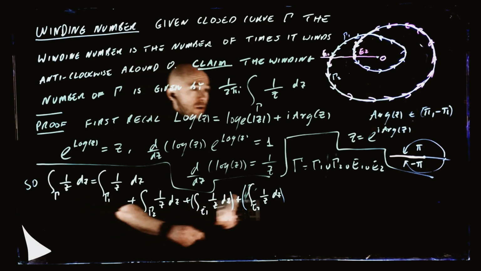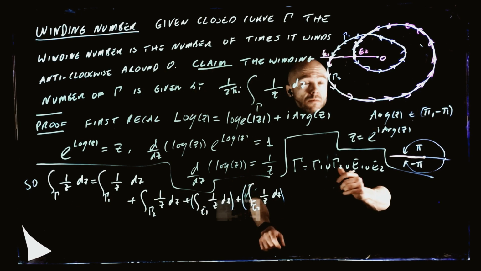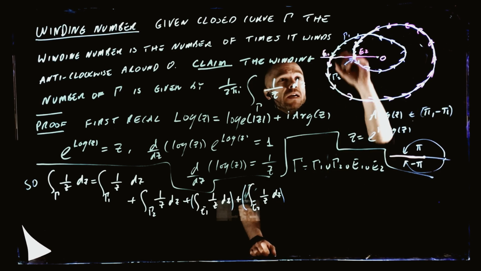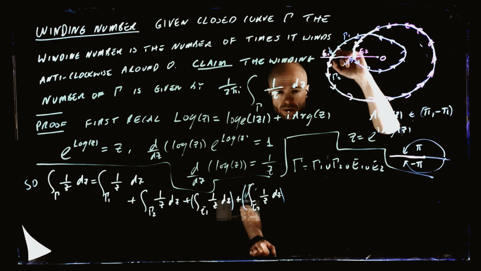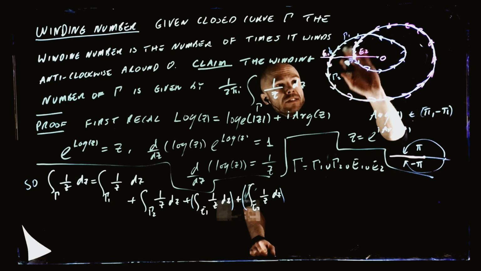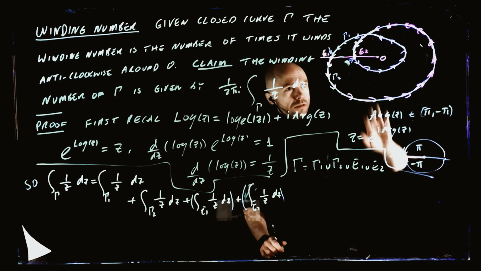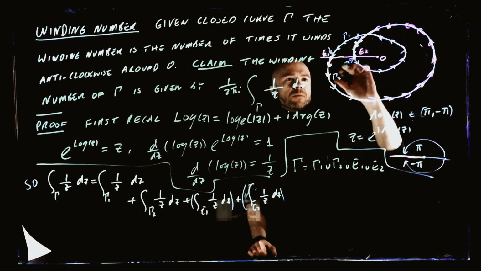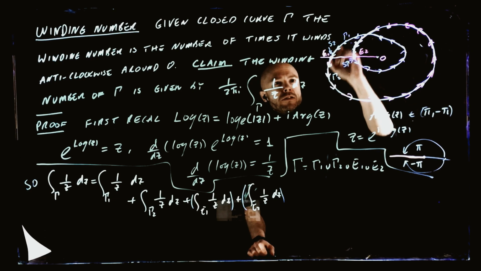So if we look at gamma 1, gamma 1 started here, and it ended here. Let's call the complex number where it starts S1, and where it ends is S2.